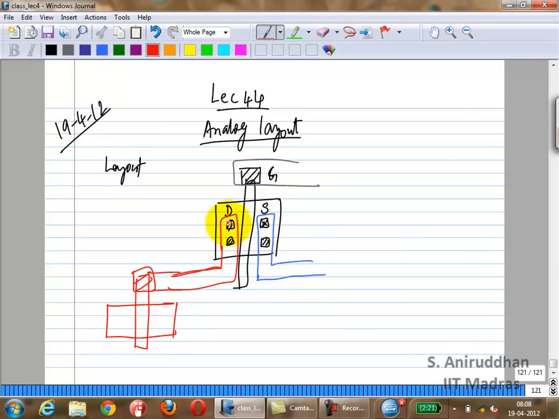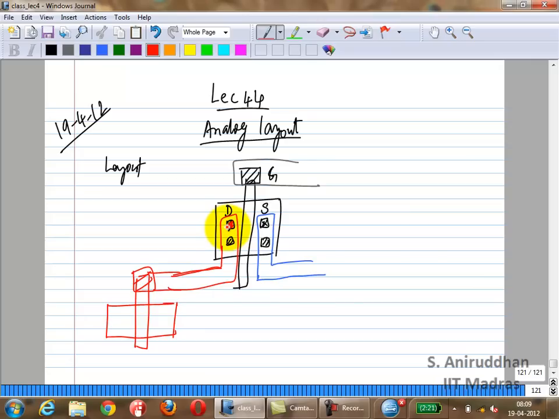This shaded region in here is actually the contact. It connects the diffusion to the metal line. You have to make a connection between your silicon diffusion and your metal line, so this contact is basically a vertical contact between those two.